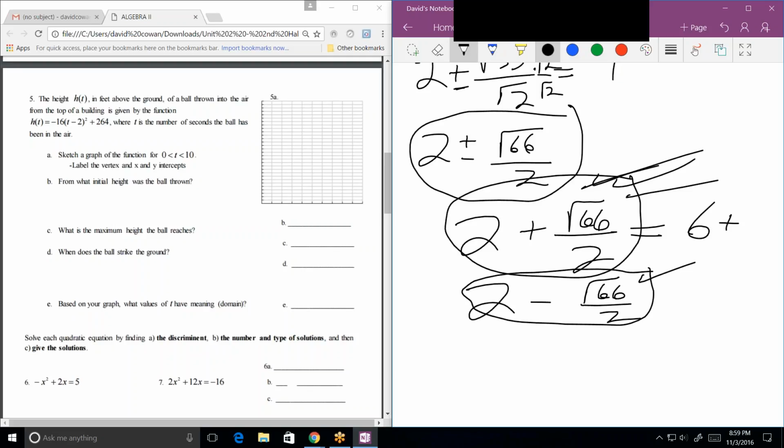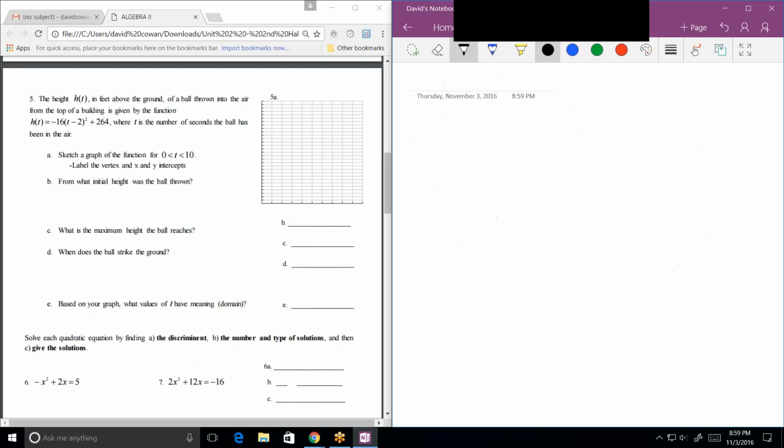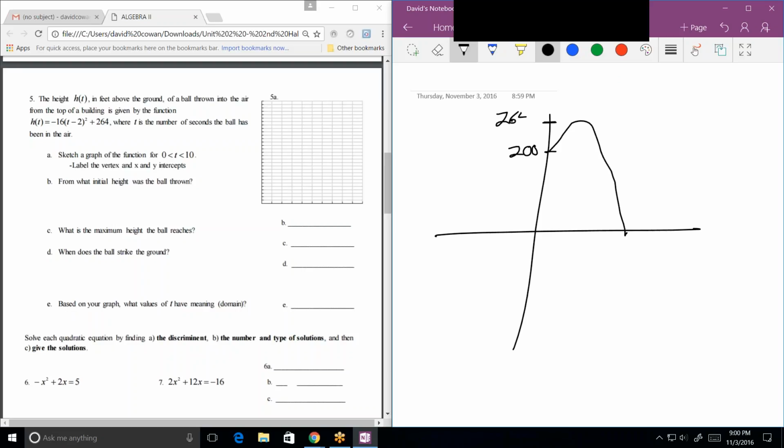Even though if I draw a graph, the graph's going to look like this. First of all, I throw it from a height of 200 feet. It goes up and then strikes the ground. So that's 264. That is at 6 plus seconds. And if I were to draw the equation all the way, it would look like this.